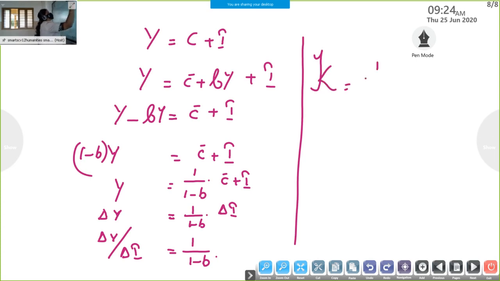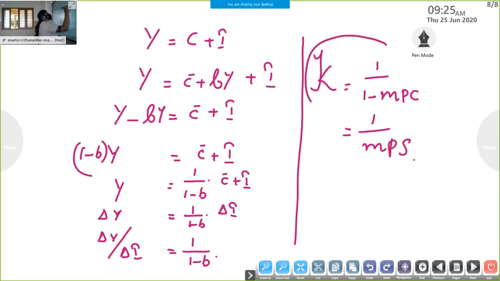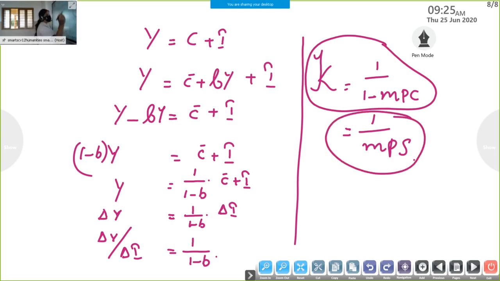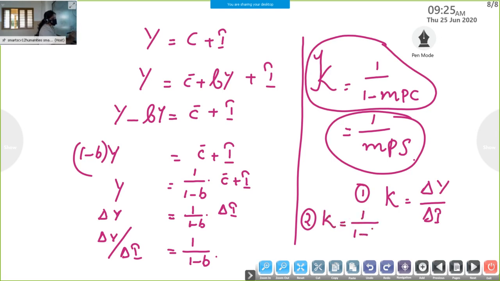So k is equal to 1 by 1 minus b, or 1 by MPS. So for the multiplier we got three formulas. One is k is equal to delta y by delta I. Another formula, k is equal to 1 by 1 minus b. Next one, k is equal to 1 by MPS.